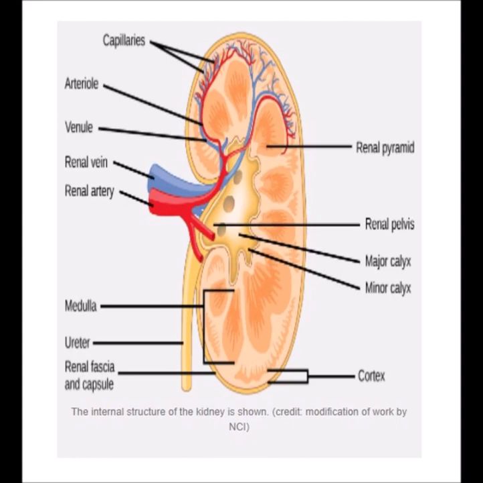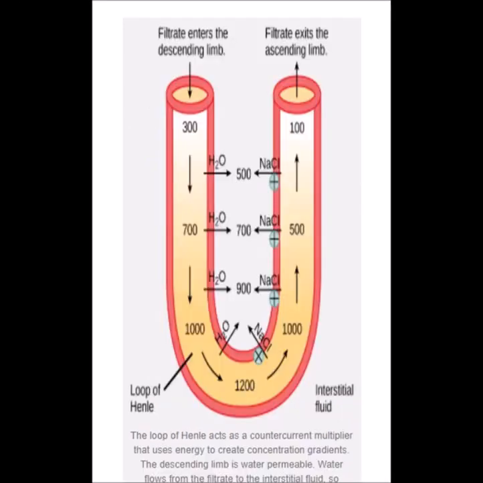For example, the DCT and ascending limb of the loop of Henle have masses of cells called macula densa. Macula is M-A-C-U-L-A. Densa is D-E-N-S-A. These are in contact with cells of the afferent arterioles called juxtaglomerular cells.